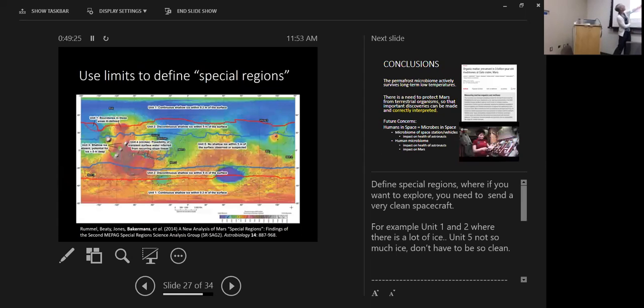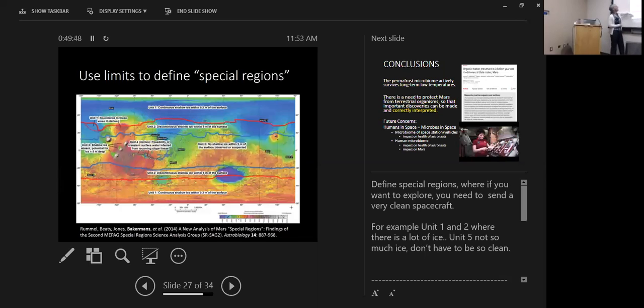So Unit 1, which are the polar areas, there's a lot of near surface ice here. And so those are considered special regions because of the nearness of the ice to the surface, as we saw with the Phoenix lander probe there. And also Unit 2, there's a lot of ice as well. A lot of those cliffs showing ice sheets are from this area of Mars, the mid-latitudes.